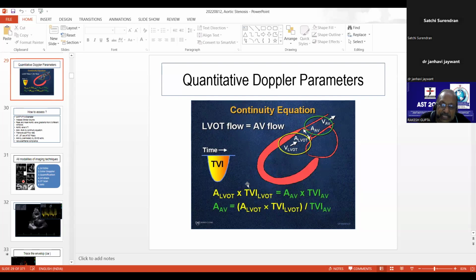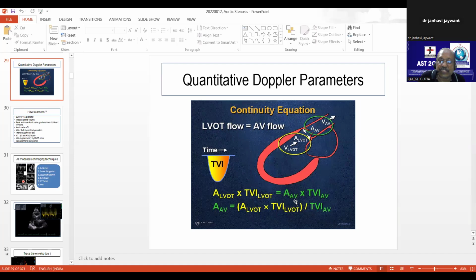And this is also known as flow across LVOT, or the stroke volume across LVOT. That is what must be confusing. Yes, sir. So if I'm looking at the stroke volume, this is what the stroke volume is. The blood which is flowing through LVOT is the stroke volume. So this stroke volume is divided by, now on the other side is aortic valve area, which we have to calculate, and aortic valve VTI we have calculated.